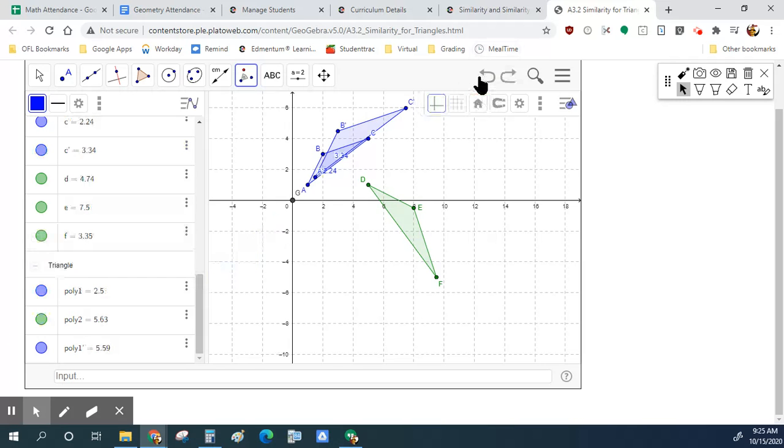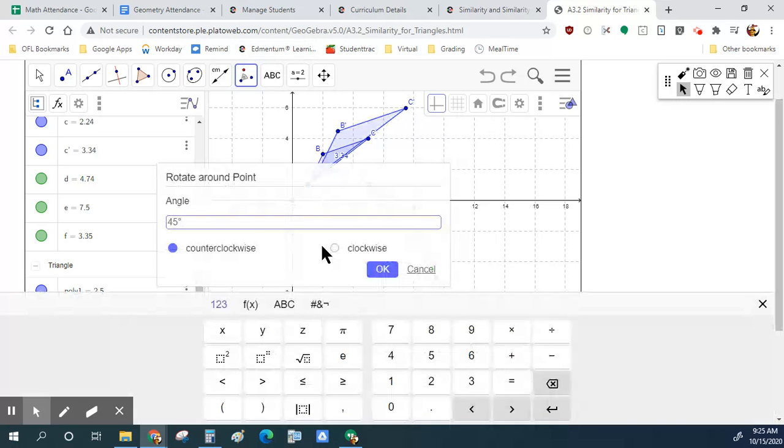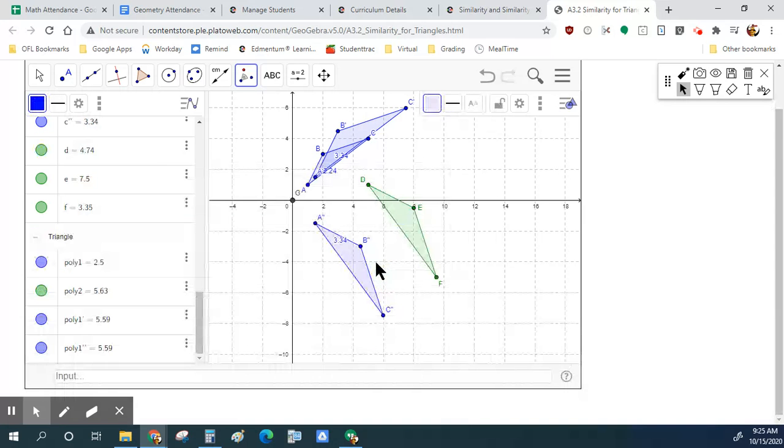Let's undo that. Maybe rotating 90 degrees clockwise will help. So I'm going to try 90 degrees clockwise about this point. If you're doing counterclockwise, it would be 270 counterclockwise. All right, that looks a lot better.